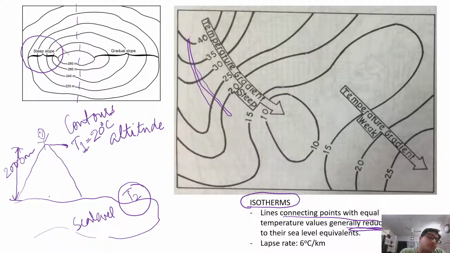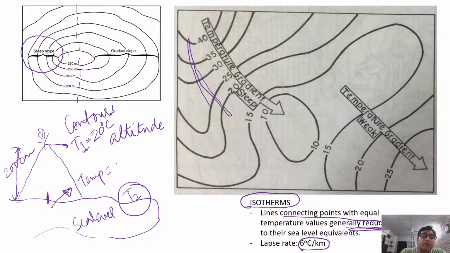So if we have to get the temperature at this latitude, how do we reduce it to the sea level? We will simply do it because the lapse rate is 6 degrees Celsius per kilometer. So with every kilometer, there is a change of temperature of 6 degrees Celsius.